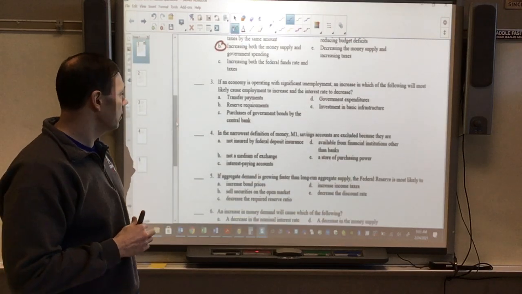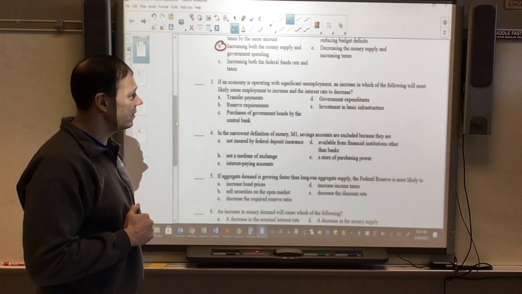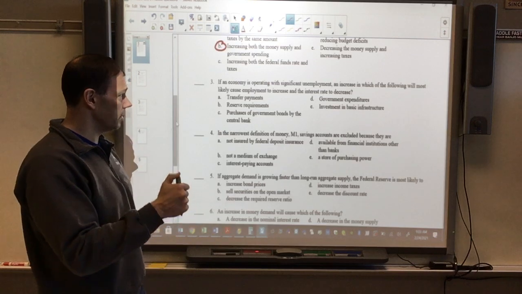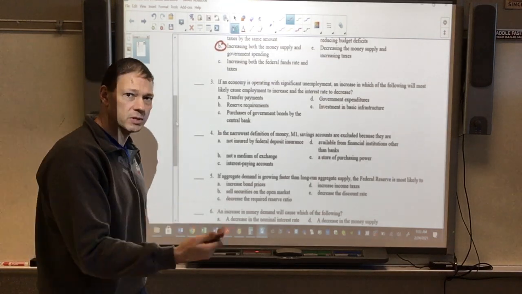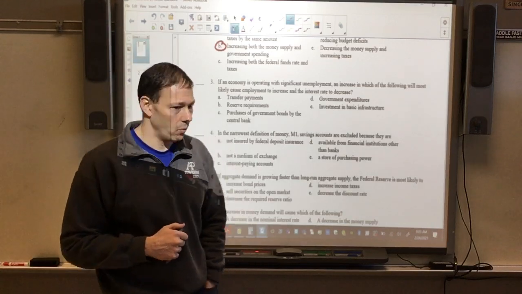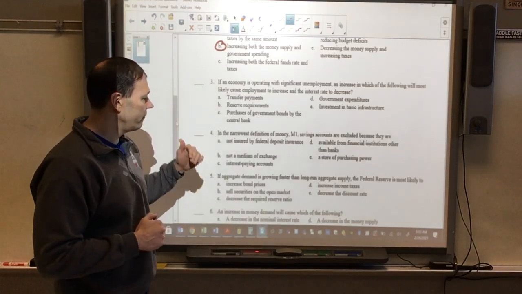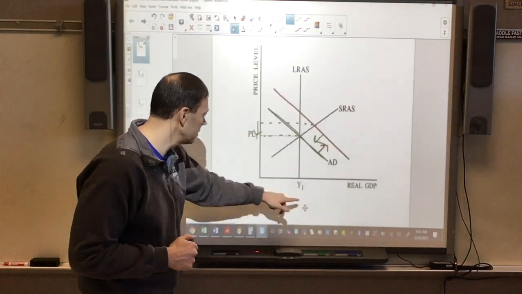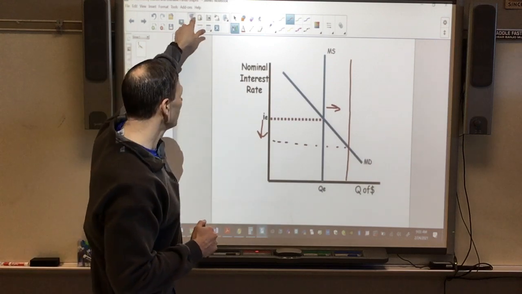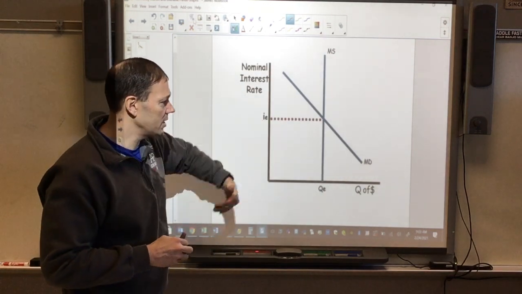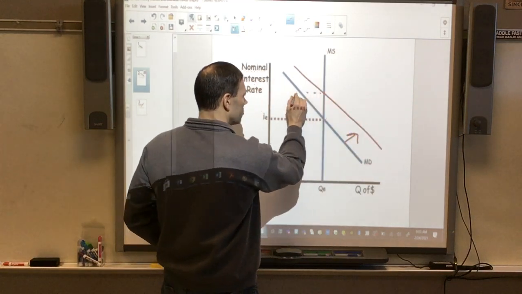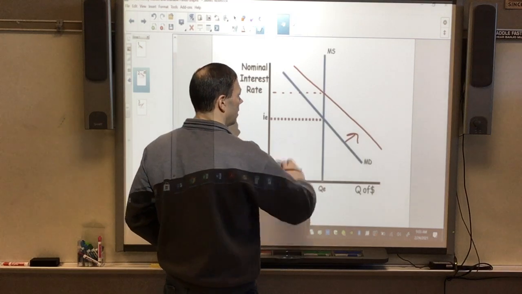Number 3, if an economy is operating with significant unemployment, which will cause the employment to increase, in other words, which is going to help get us out of the recession, and what's going to cause the interest rate to decrease? Well, again, this has to be a Federal Reserve action because, coming back to our money market graph, or we could use the loanable funds graph as well, either way, if the government is getting involved through fiscal policy, their actions are going to cause interest rates to increase in the economy.